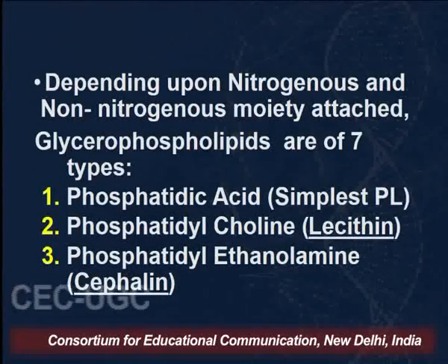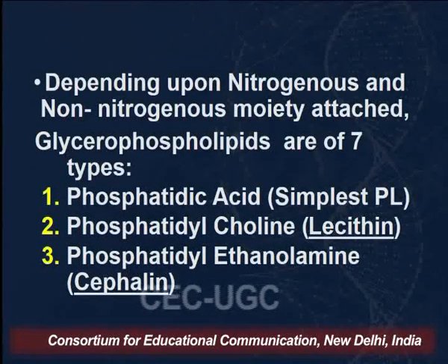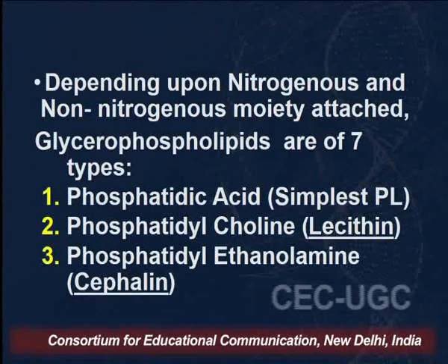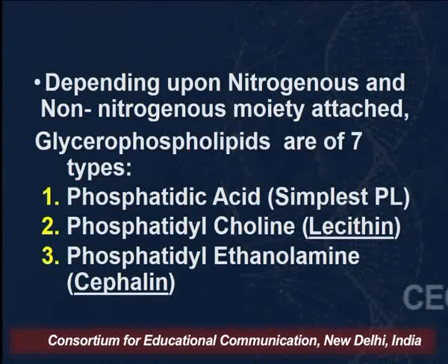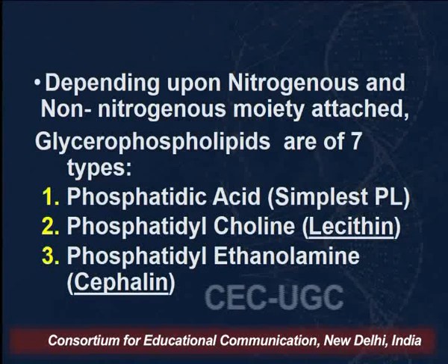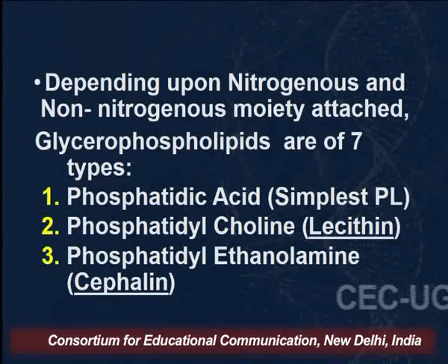Now this was the general structure of a phospholipid. Depending upon nitrogenous and non-nitrogenous moieties attached to glycerolipids, there are 7 types of phospholipids. First, the simplest phospholipid is phosphatidic acid.